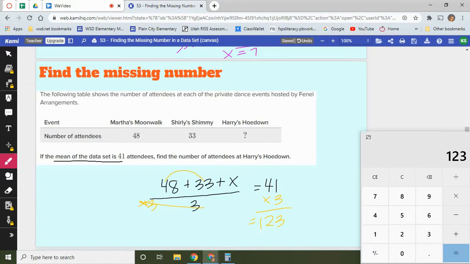Okay, we add up our numbers. 48 plus 33, 81, plus that x. Okay, we want x all by itself, so we subtract 81.